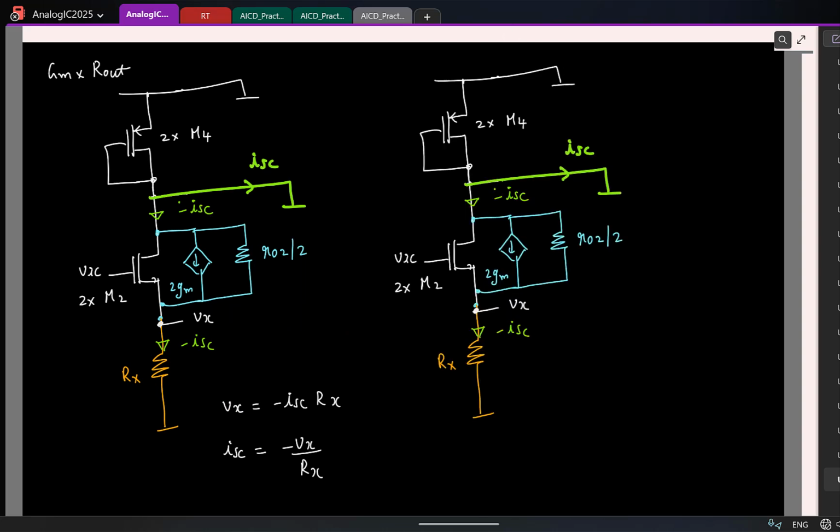So now for short circuit calculation, look at R02 by 2. One end of this resistor is connected to this node Vx, other end is connected to ground. So I can say that this is going to come in parallel to... Or I'll actually show it explicitly.